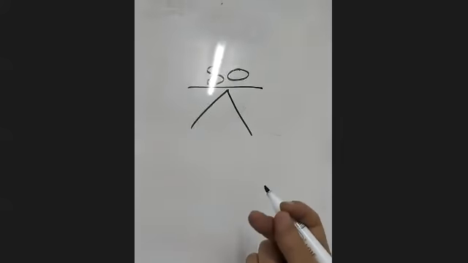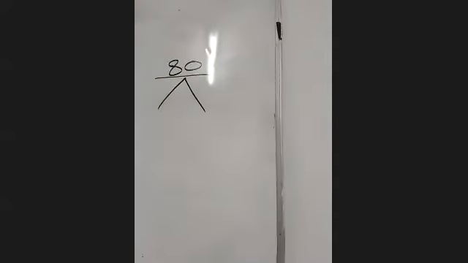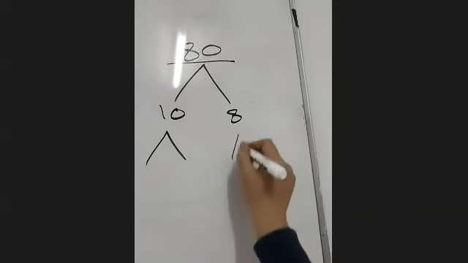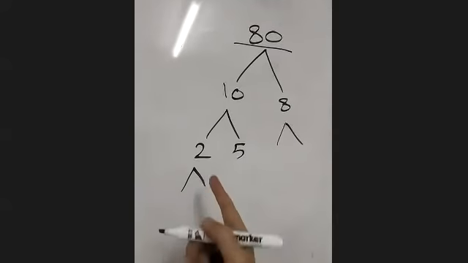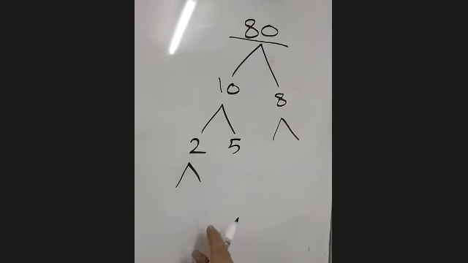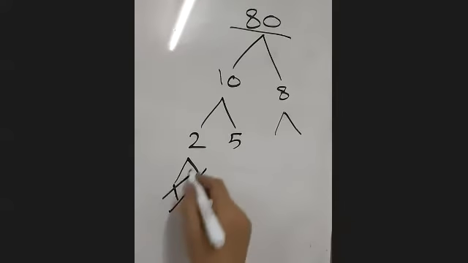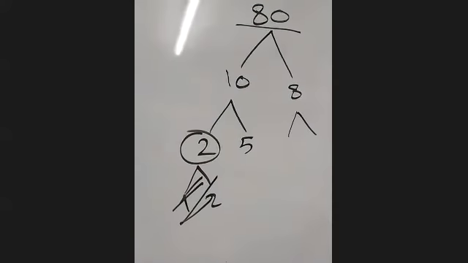Give me two numbers. If you multiply them, you get 80. 10 by 8. Give me two numbers. If you multiply them, you get 10. 2 and 5. Give me two numbers. If you multiply them, you get 2. 1 and 2. If you have only 1 and 2, no need for it. Stop and put a circle. Got it?